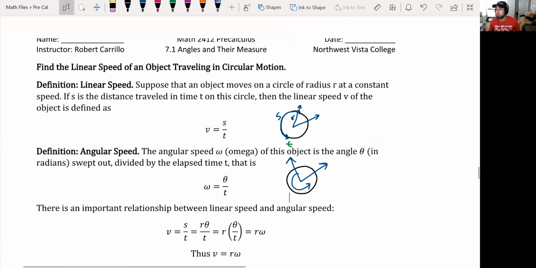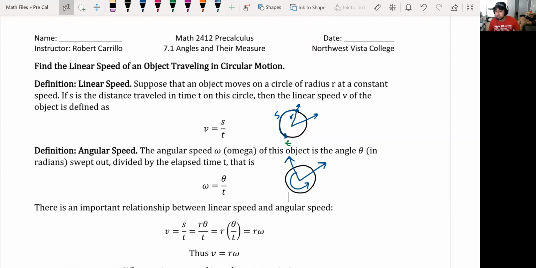The angular speed, which is given by that fancy looking symbol that looks like a W, we call that omega. The angular speed omega of this object is the angle theta in radians, which is swept out over an amount of time. So here, theta is moving.